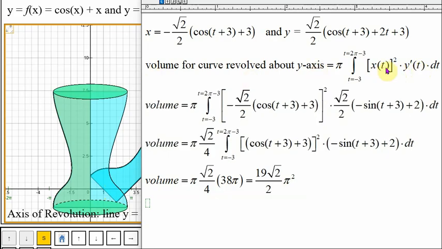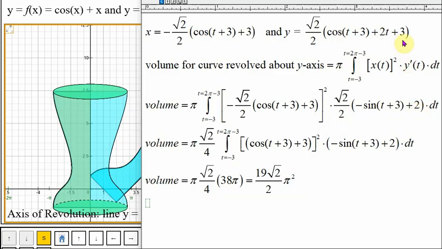And so right here, x of t is going to be this expression right here, and then squared. And then the derivative of y of t, this is y of t right here, it's going to be the square root of 2 over 2. And the derivative of cosine of t plus 3 is negative sine of t plus 3. And then the derivative for 2t is 2.